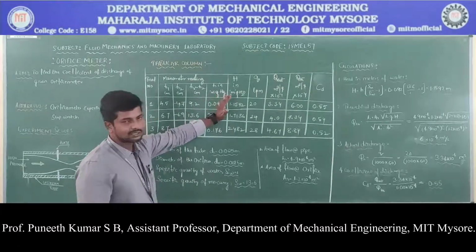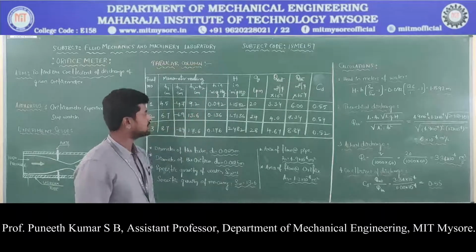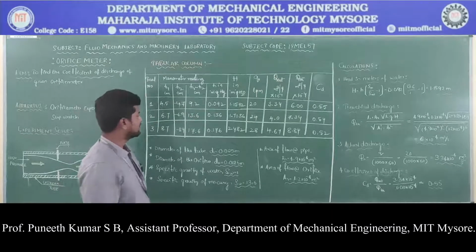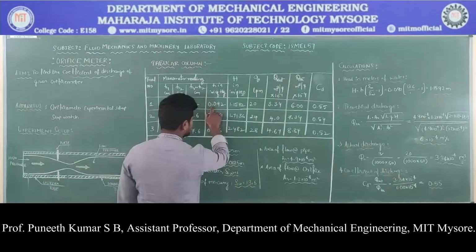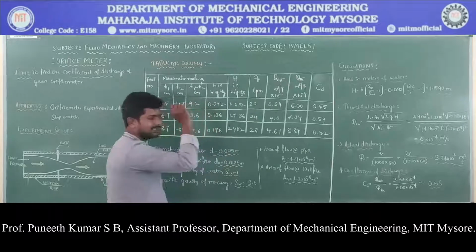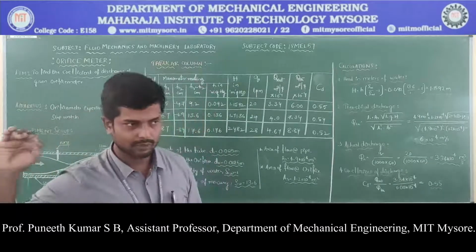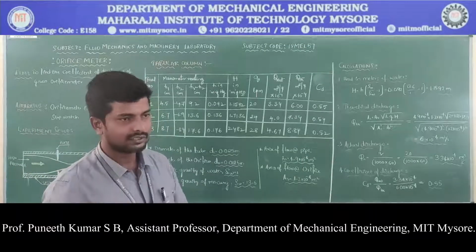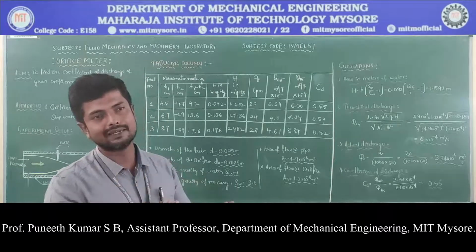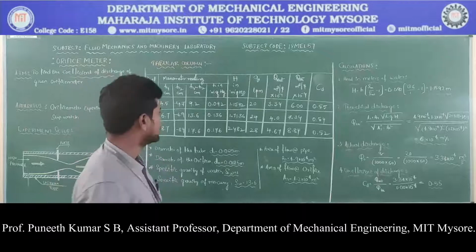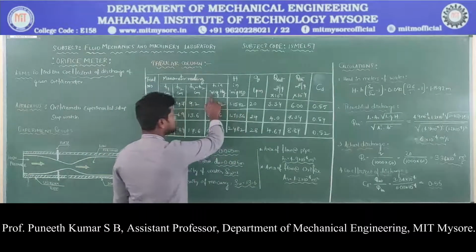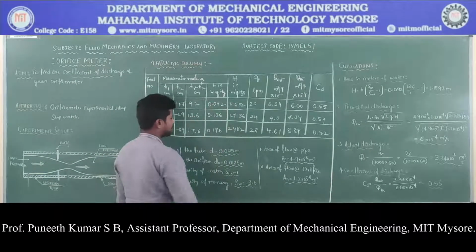Now if I convert it into meters, it becomes 0.092 meters. This 0.092 meters is of mercury. Since the U-tube manometer is filled with mercury, the difference also gets expressed in terms of mercury, so we write it as meters of Hg.